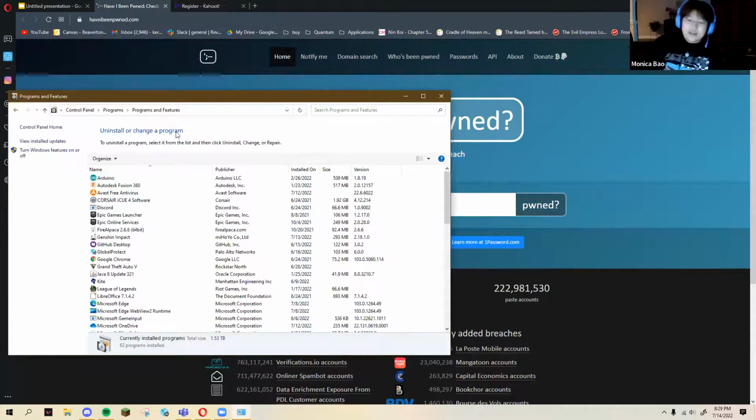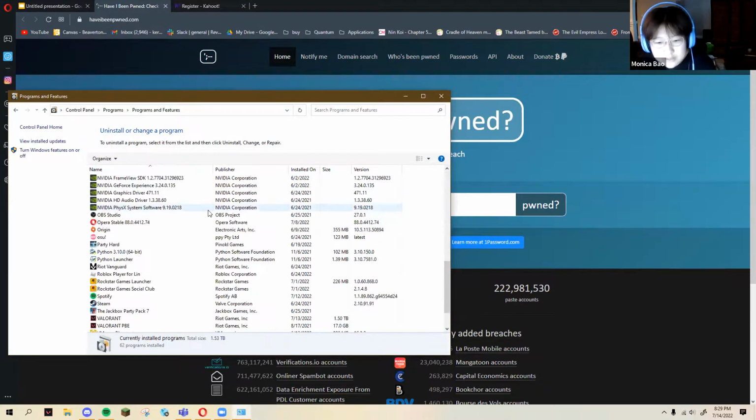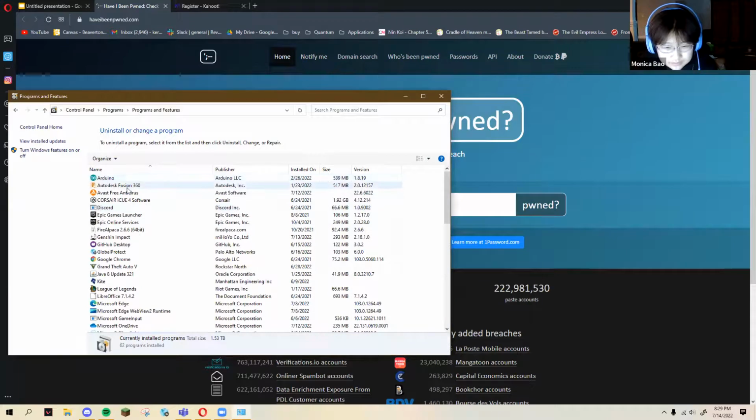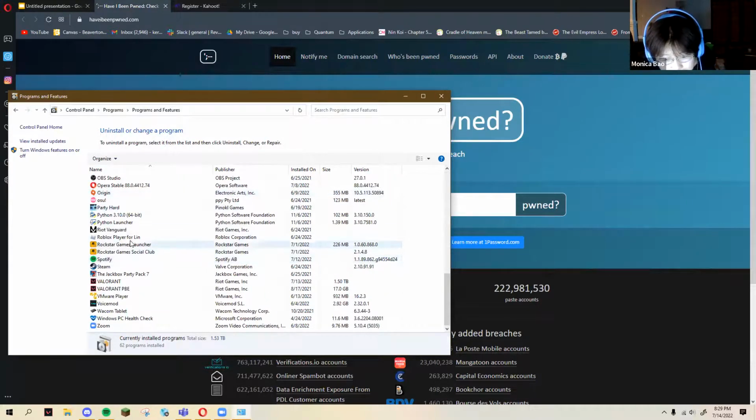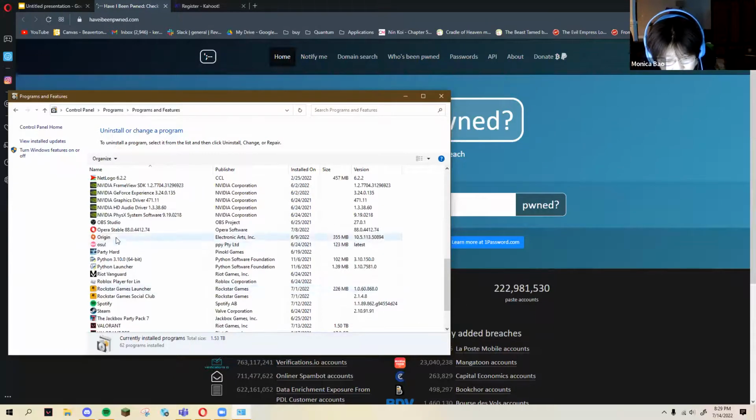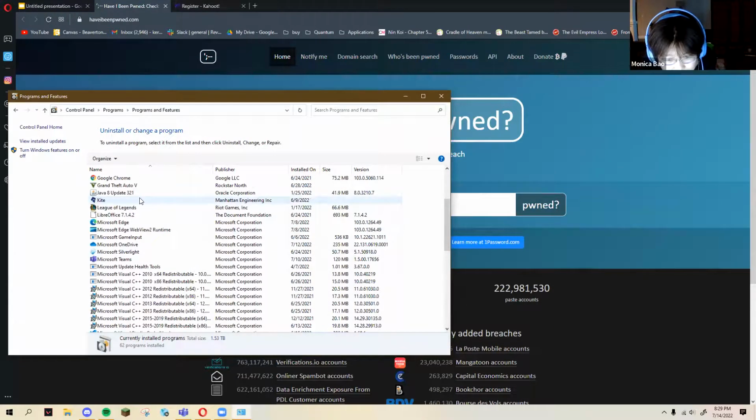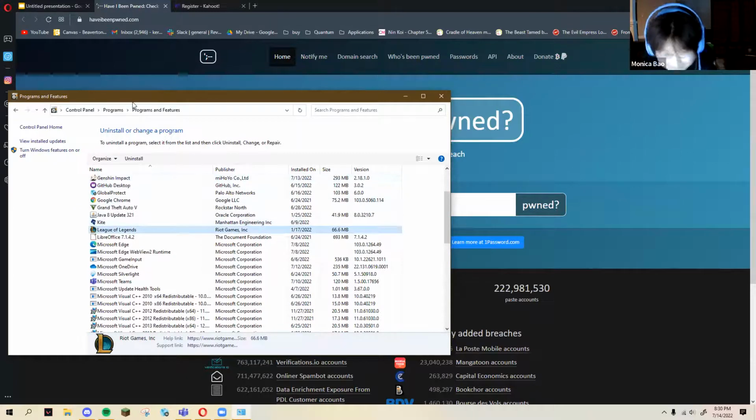And usually malware will also run here, where it's a real kind of program that the computer recognizes, but just doesn't recognize as malicious. So you can search through it, and if you find one, like maybe League of Legends, I don't want League of Legends on a computer, so you can just go ahead and hit uninstall.